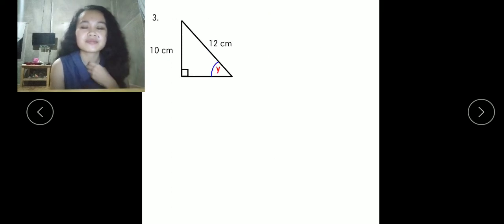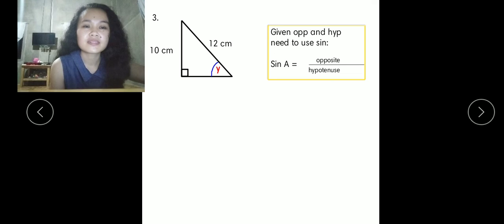Another. So in this illustration, we need to use sine, that is opposite over the hypotenuse. So sine A is equal to, the opposite is 10 because that is opposite of x.